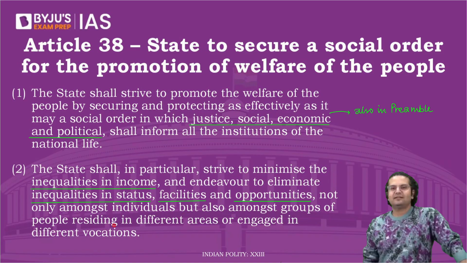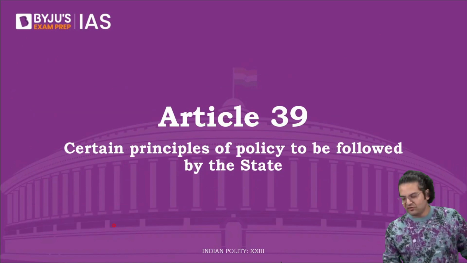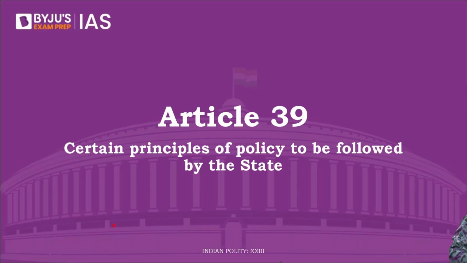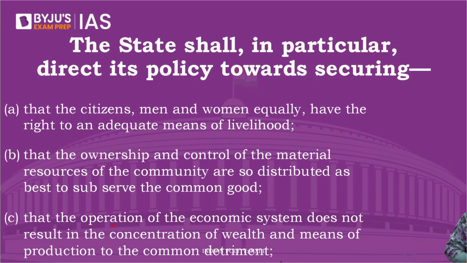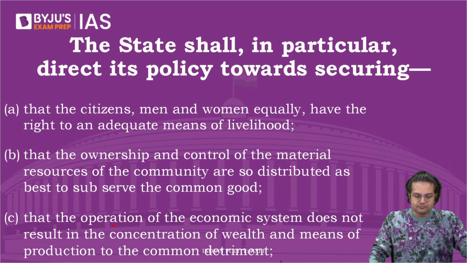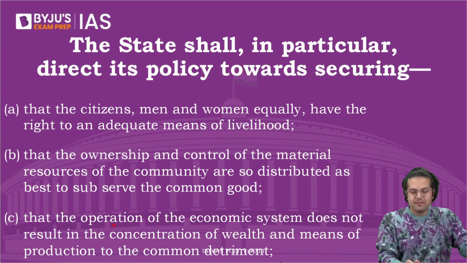Now Article 39. Article 39, certain principles of policy to be followed by the state. The state shall, in particular, direct its policy towards securing that the citizens, men and women, equally have the right to adequate means of livelihood.